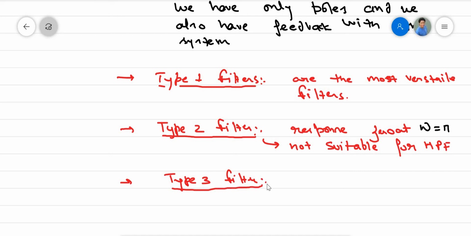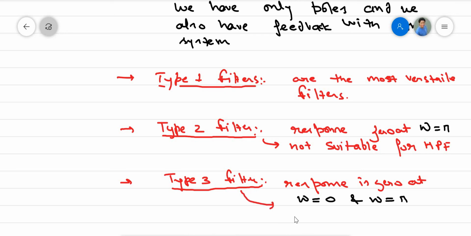Then we have also seen type 3 filter. Type 3 filter has an anti-symmetric sequence as well as odd sequence. That means the response is 0 at omega equal to 0 and omega equal to pi. That means type 3 filter is not suitable for HPF or LPF.